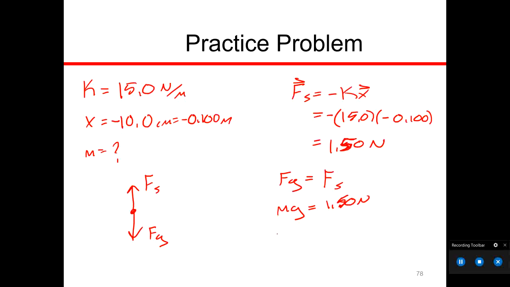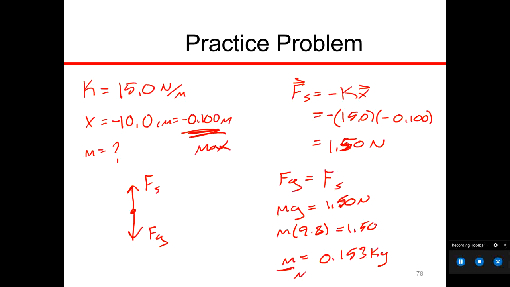Our gravity, this means mass times 9.8 is equal to 1.50, and we get a mass of 0.153 kilograms. Since we used the maximum distance that the spring can stretch, this calculates our maximum mass that we can put on the spring before the spring will get damaged.